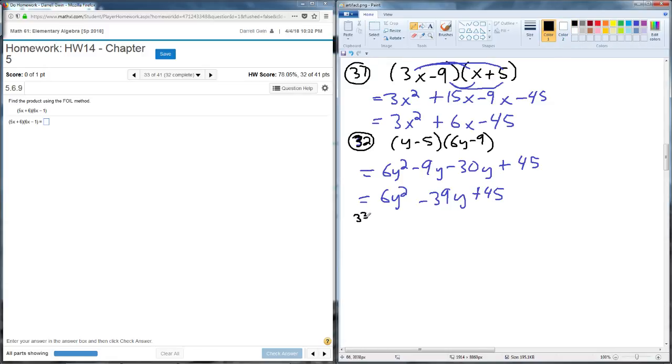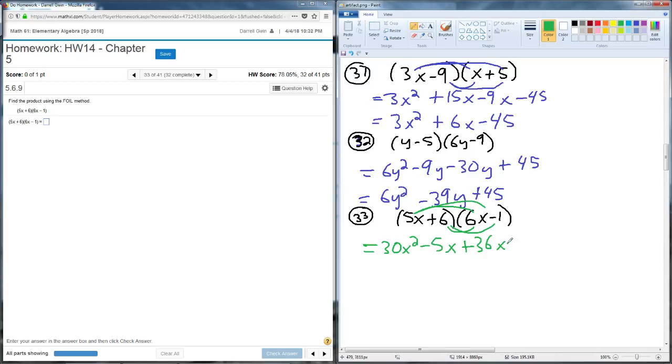33. FOIL again. 5x plus 6, 6x minus 1. Here we go. Foiling these. 5x times 6x is 30x squared. 5x times negative 1 is negative 5x. 6 times 6x is 36x.